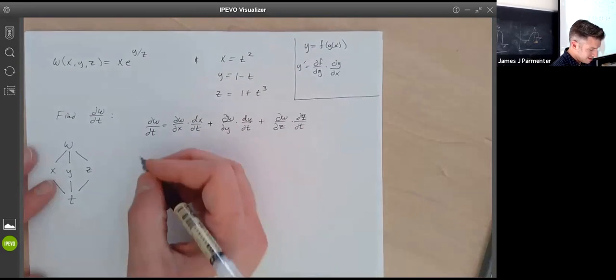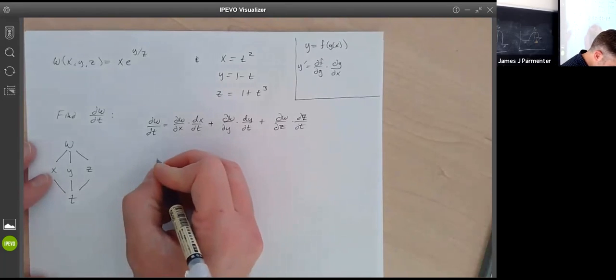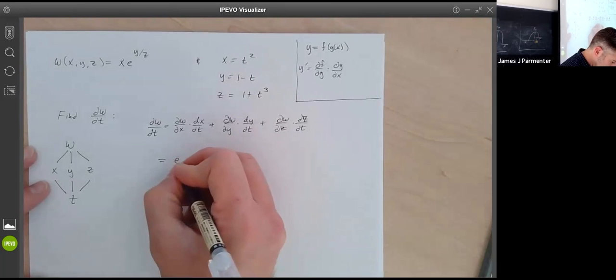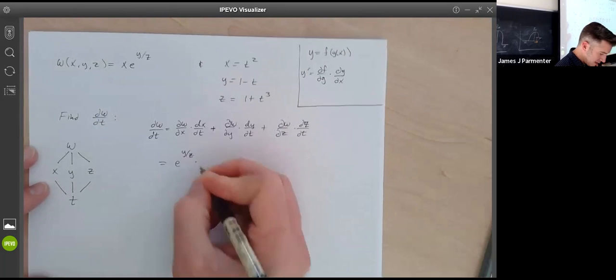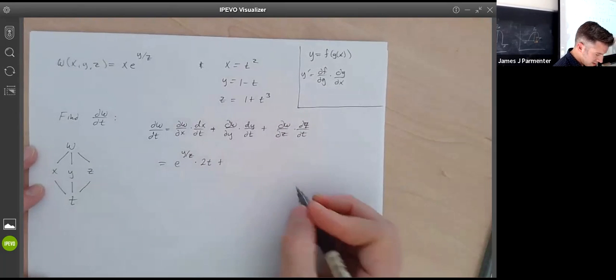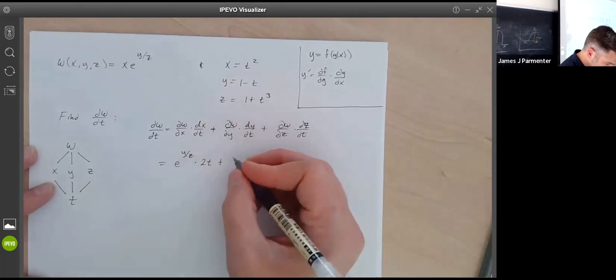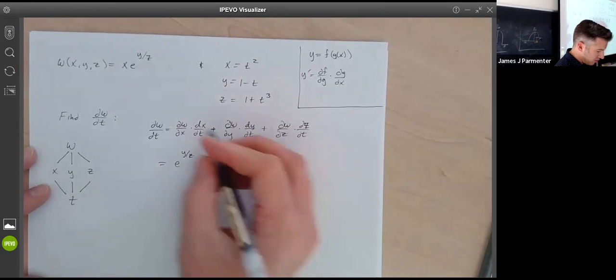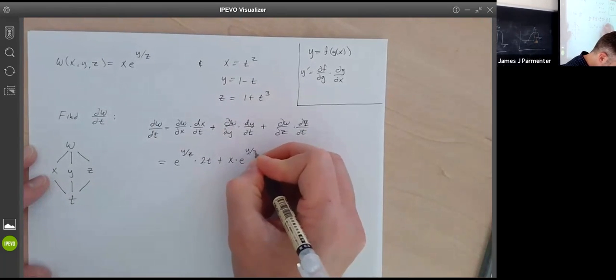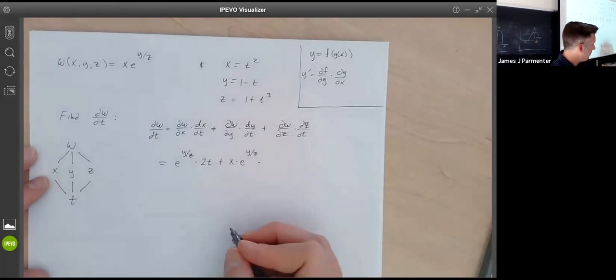All right, so then it's just calculation city. Del w del x is going to be e to the y over z. Dx dt is going to be 2t. Del w del y is going to be x times the derivative of e to the stuff, which is e to the stuff times the derivative of the stuff.